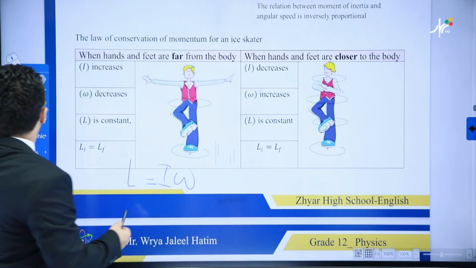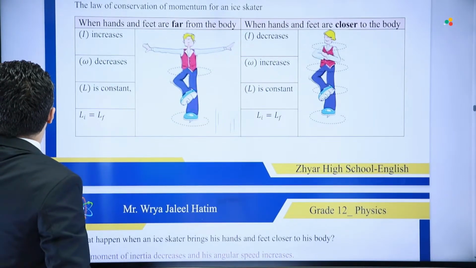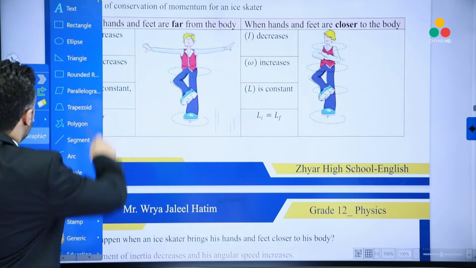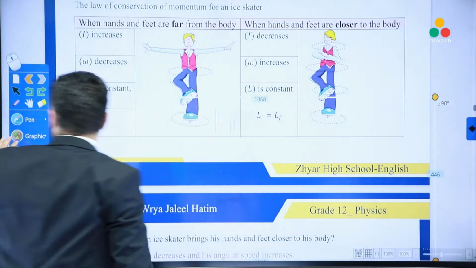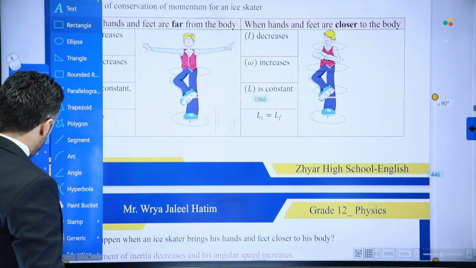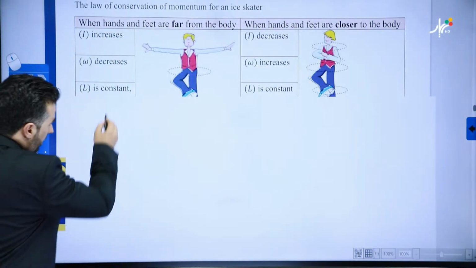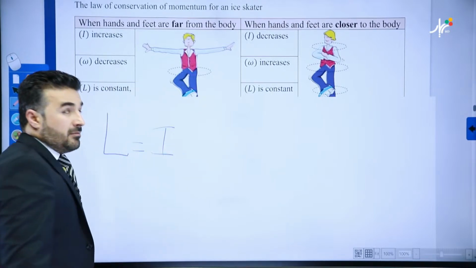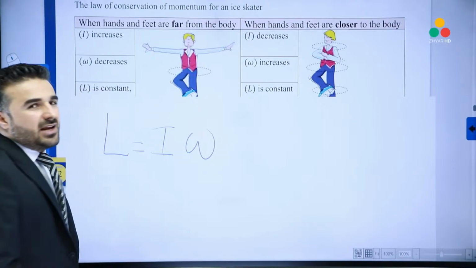Remember, let me get a rectangle and then tell you exactly how this works. Okay, so what happens when the angular momentum is kept constant? So we know that angular momentum equal to what? Equal to, we said it, moment of inertia multiplied by what? By the angular speed. Excellent.